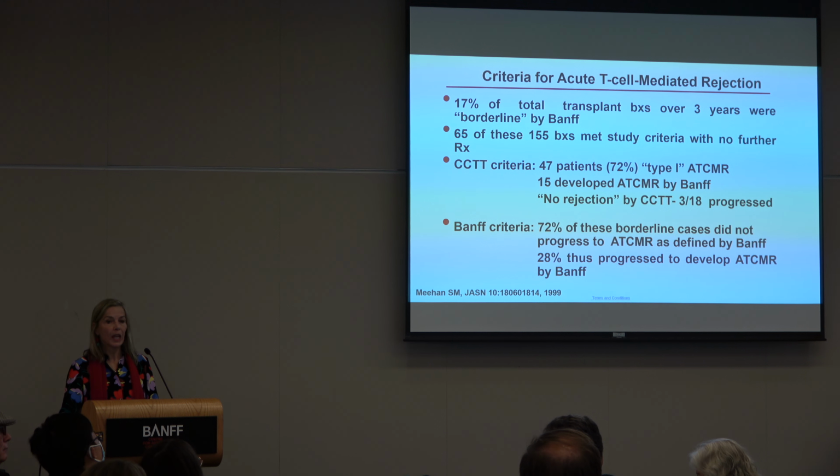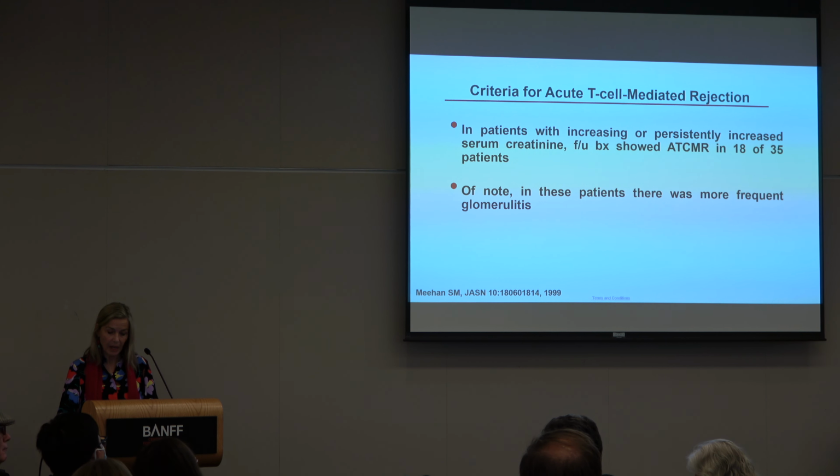So is that good enough, that one-quarter of our patients that are borderline with no further treatment had rejection in a follow-up biopsy that was done for whatever cause? Maybe not. So looking again at the clinical criteria, which really help to interpret what is going on, in this study they looked at patients with increasing or persistently increased serum creatinine, and the follow-up biopsies from these borderline cases showed acute T-cell mediated rejection in about half.